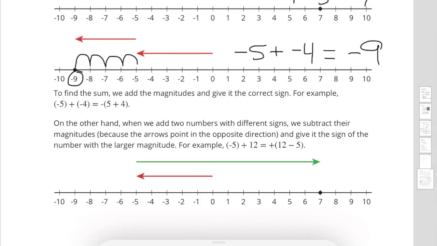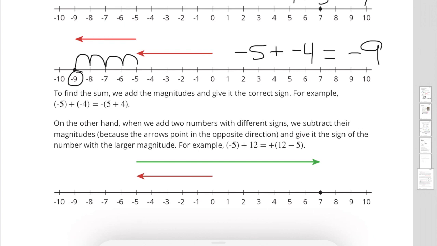When we add two numbers with different signs, we subtract their magnitudes, which means the size of them. So since the arrows point in the opposite direction, the sign that has the number with the larger arrow will tell us what our final answer will be.